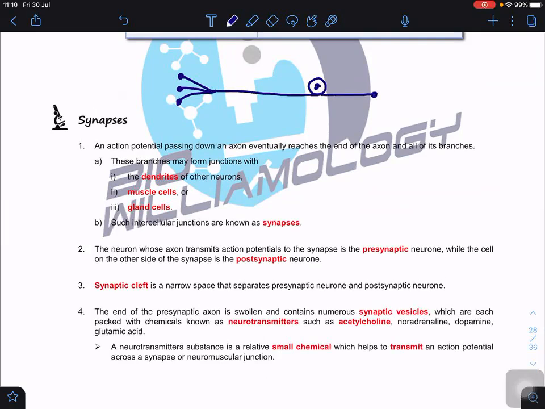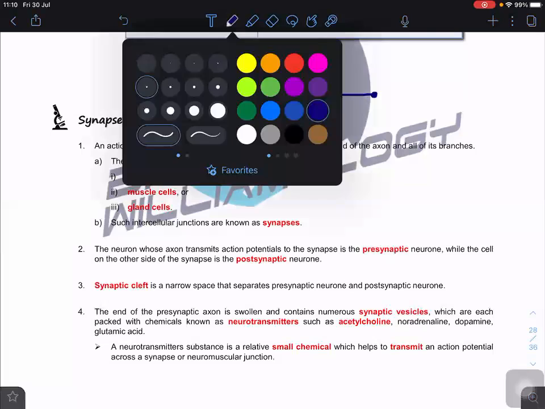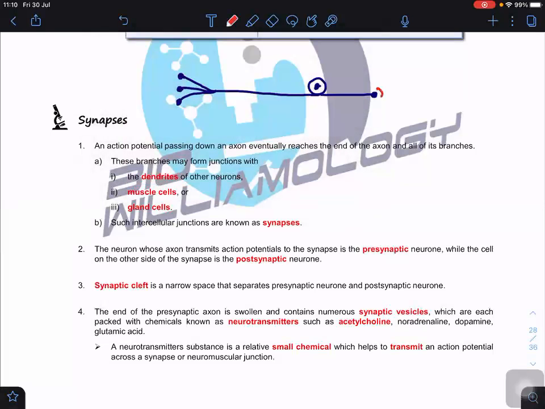Let's say this is the terminal of the sensory neurons. Then we have the motor neurons. So this region, do I highlight? It's not a connected one.